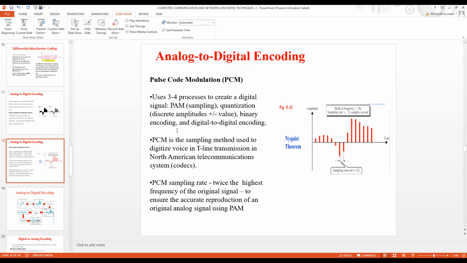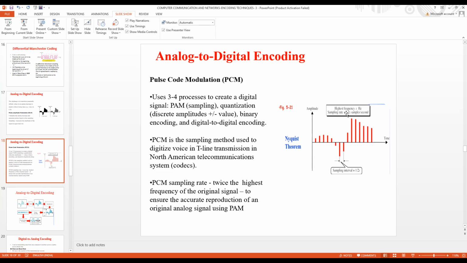For that, PCM, pulse code modulation, uses the Nyquist theorem to determine the sampling rate. So what will be the sampling rate?